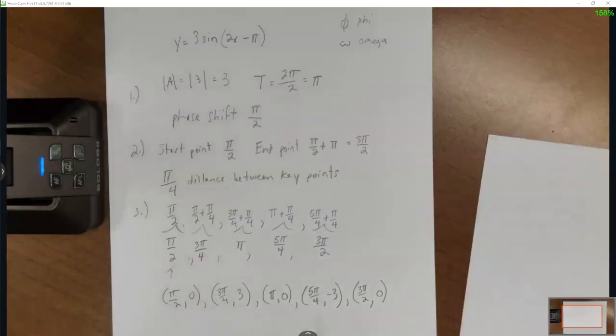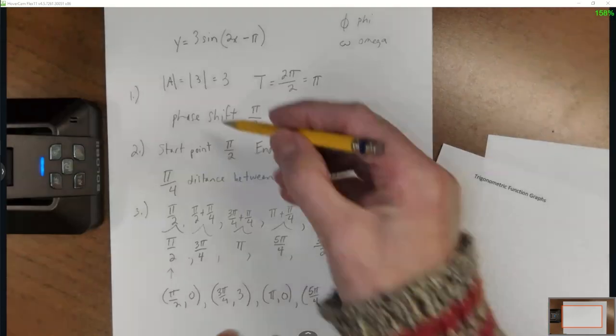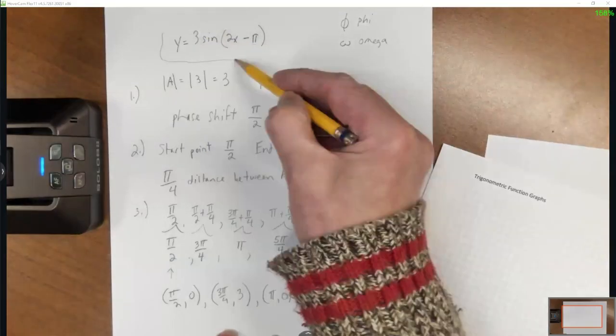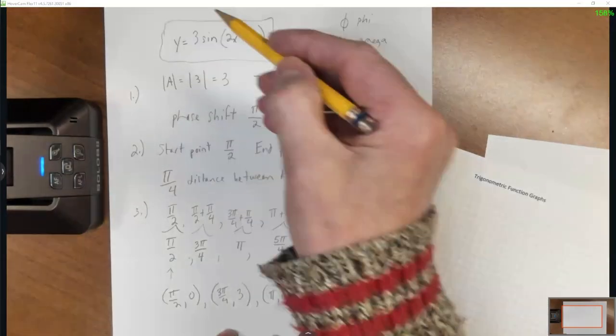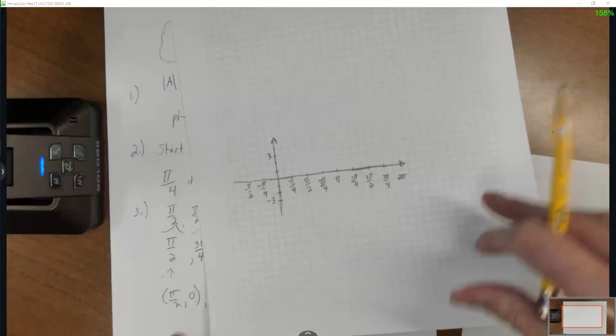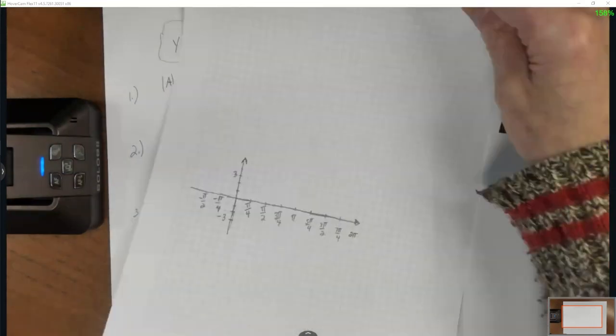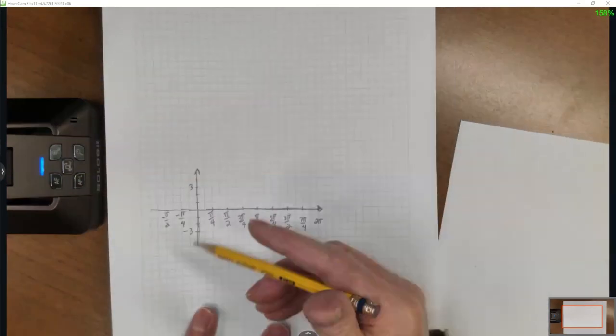Okay, so we've got the 5 new points, and we want to create a graph as our last step here. And remember, our graph is of this function here, y equals 3 sine quantity 2x minus pi. Okay, and so if we think about where this is going to translate, we'll go ahead and create a graph.